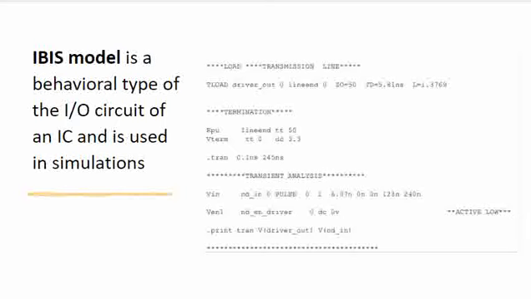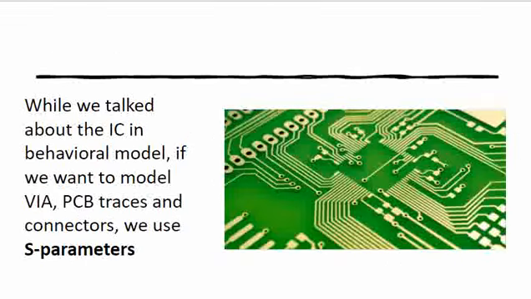when you are simulating a PCB, what happens is you will have traces on the PCB, you will have connectors on the PCB, and you'll also have wires that are there on the PCB to route the signal in the inner layers, right? So for modeling those structures and getting to know the parameters of those structures, we need another model which basically is called an S parameter model.